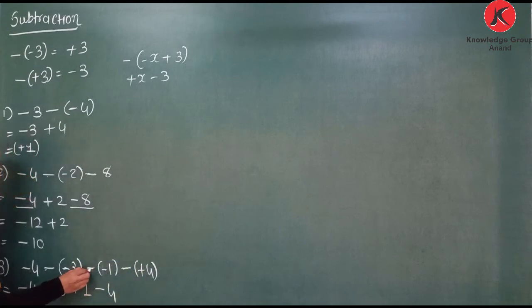This is negative, the minus sign applied will be positive. Minus sign is there outside, there is a negative sign, so that will be plus. Clear? After that, combine the numbers with the same sign. Minus 4 minus 4 is minus 8 and plus 3 plus 1 is plus 4. So that will give minus 4.